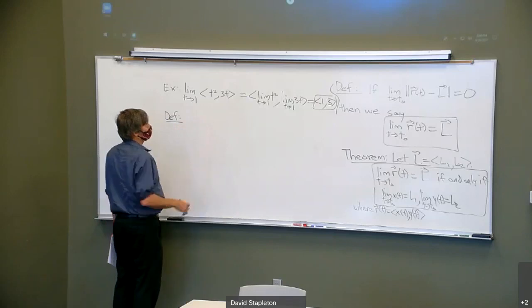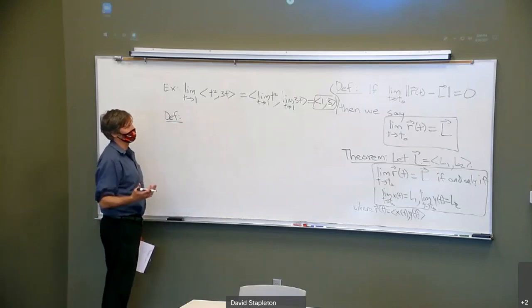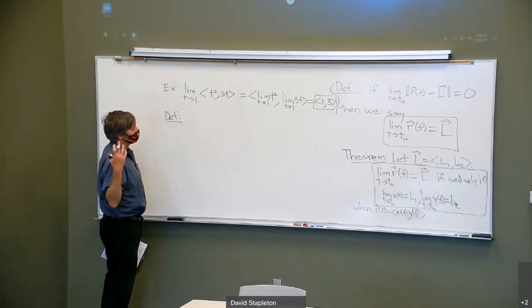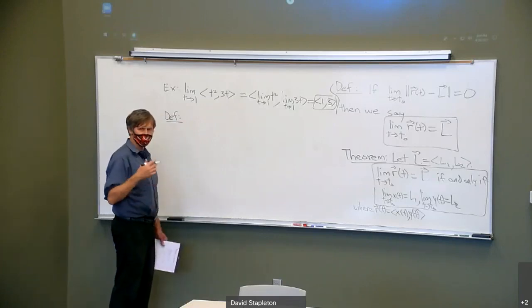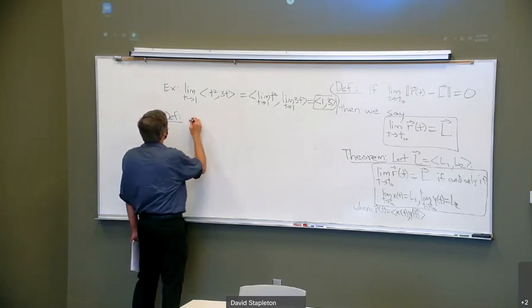What about the derivative, right? Just like in calculus 1, once we did limits, we could use them to define the derivative. We'll define this in exactly the same form.